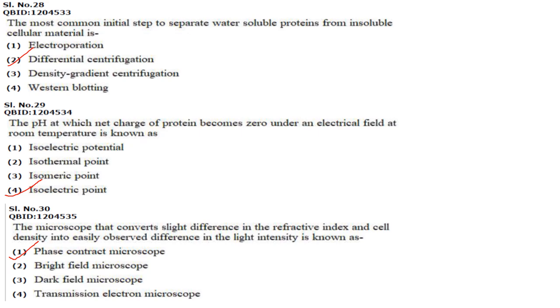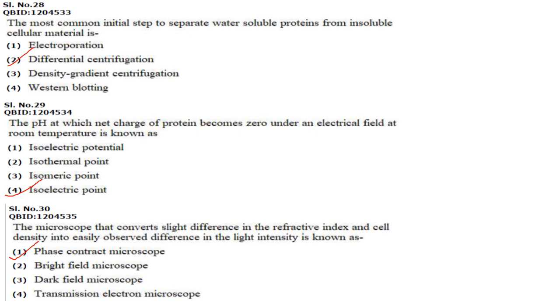The step that you will commonly use is differential centrifugation. Now, usually membranes are composed of lipid protein complexes which have specific densities, and this allows them to be separated from the soluble proteins through differential centrifugation technique.